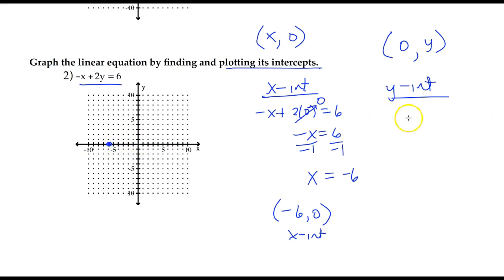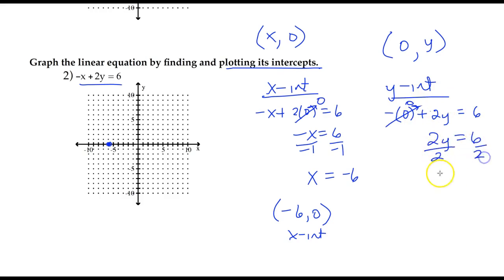For my y-intercept, it would be the same thing. But instead of letting y equal 0, now I let x equal 0. So if that's the case, then I would have negative 0 plus 2y, so just 2y. And 2y equals 6.